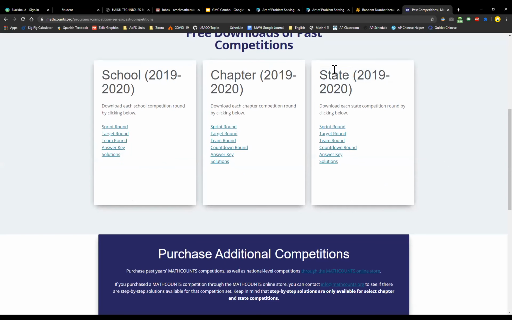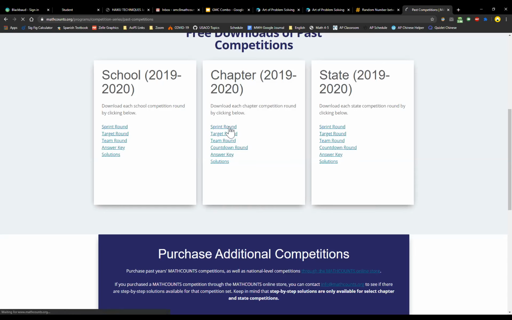Well, okay. Basically, every year, state is the hardest, but my score in state was 4 higher than my score in chapter, which means it was not the hardest. Oh, wait. This is this year's test. So I've actually never done this problem.